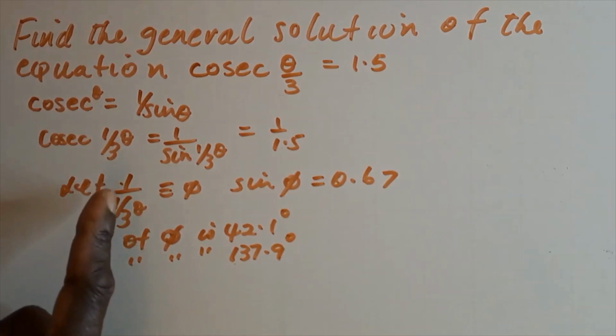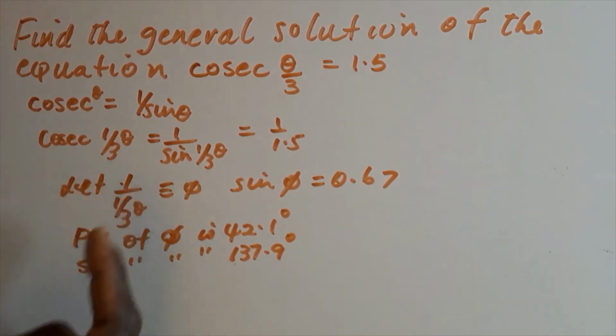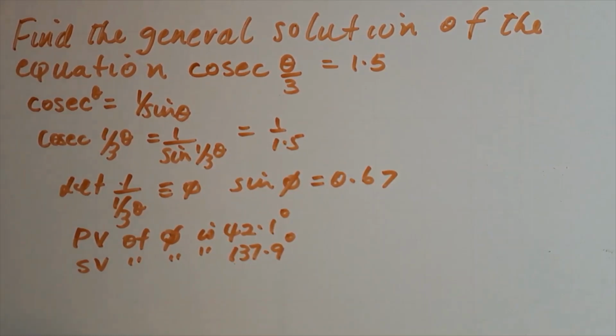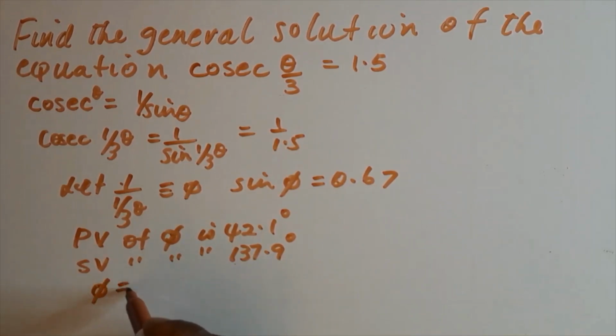But we know phi is equal to a third of theta, which implies that theta is equivalent to 3 times phi.